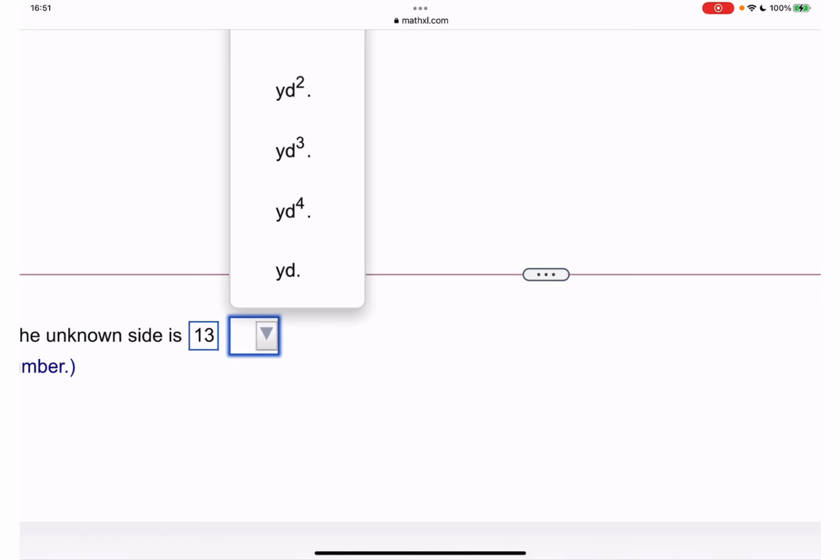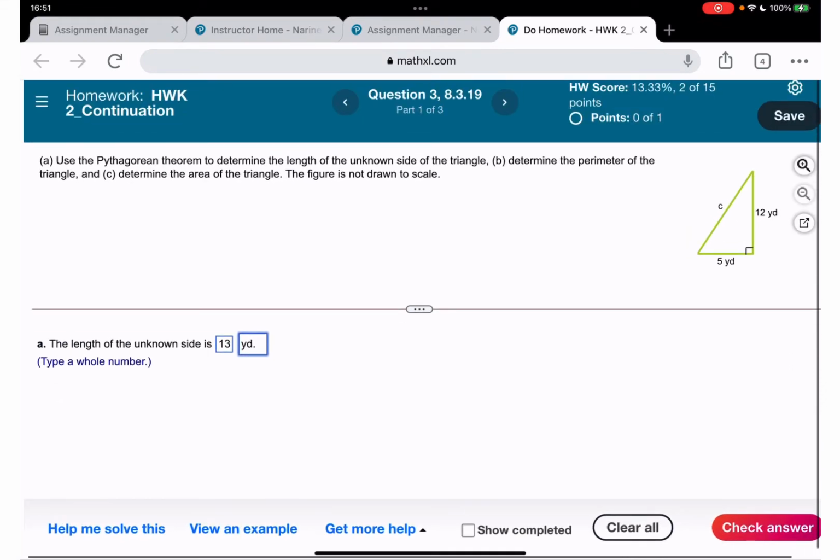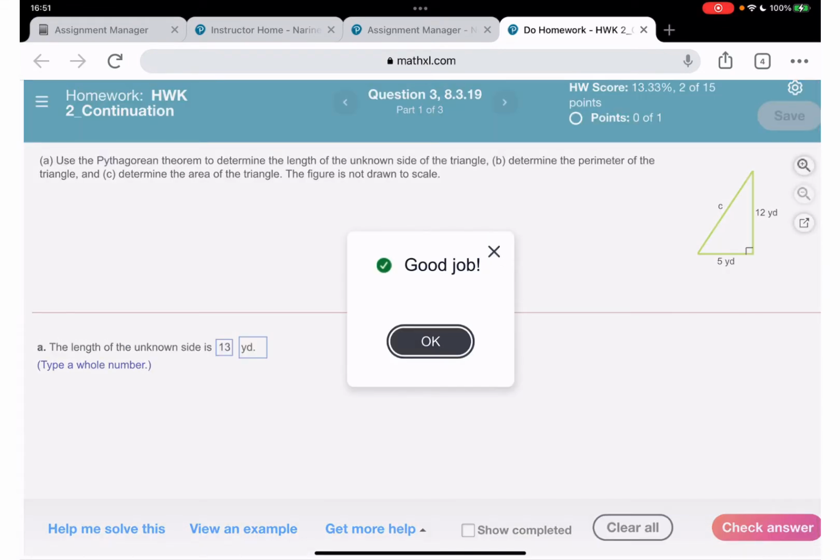Oh, no, we have yards, right? Okay, then yards. Checking the answer. Good job.